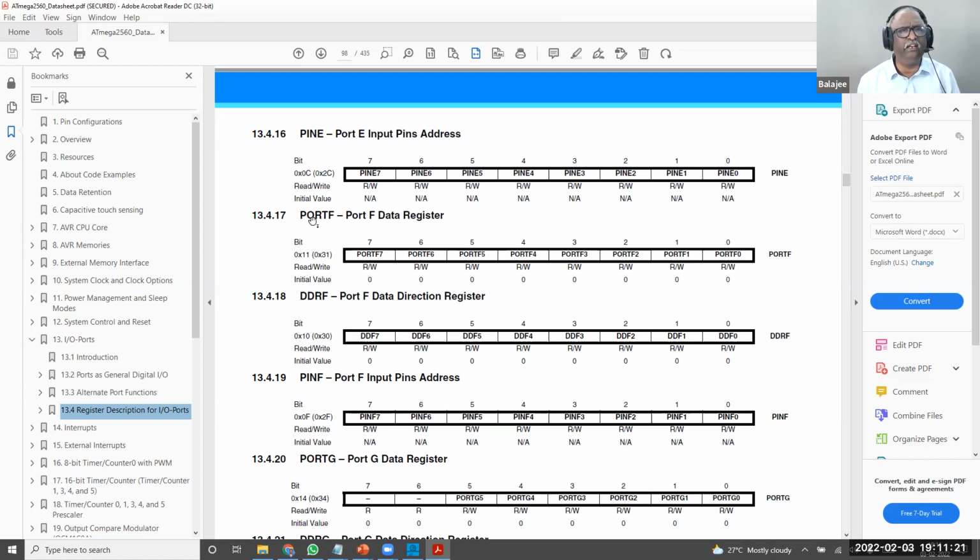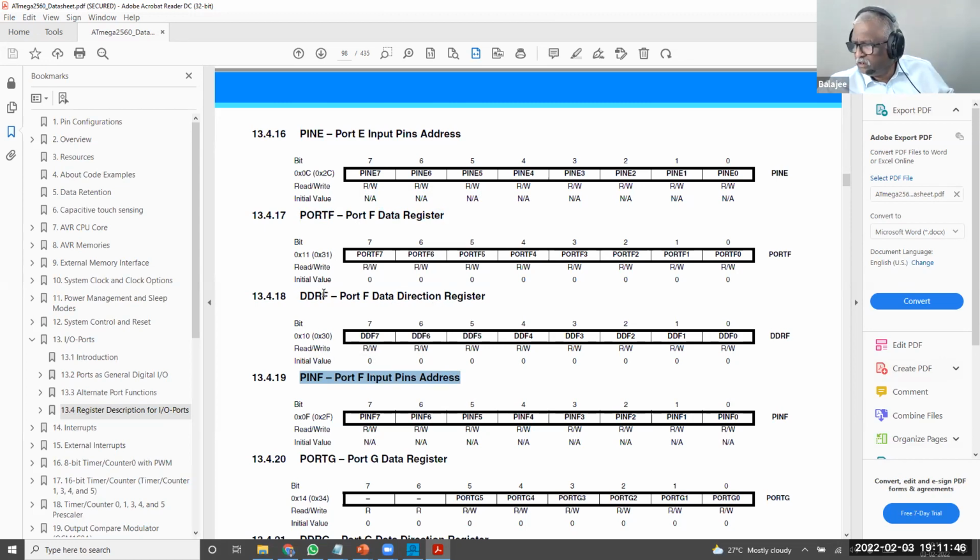Okay, now you see here, port F is having data register, that's all out. And port F, data direction register. And port F, input pin address. Understand? So, this is the input address, this is the direction register, this is the output register. There are only three. And this guy is 31. Out is 31.